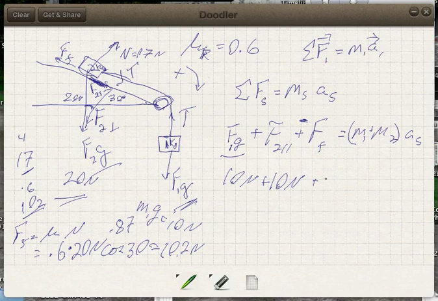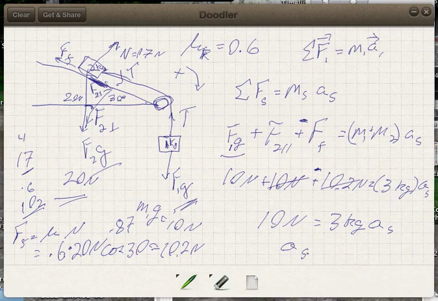And so what do we have? 10.2 newtons is equal to that 3 kg times the acceleration of the system. But remember, this is a frictional force, and so these more or less cancel, and I have a total of 10 newtons is equal to 3 kg times the acceleration of the system.